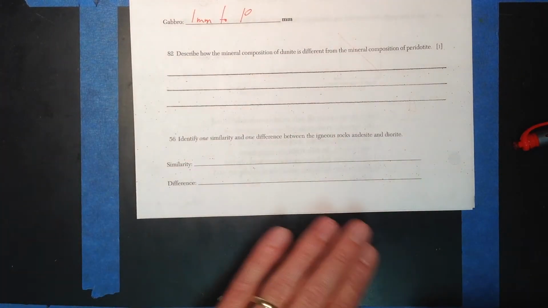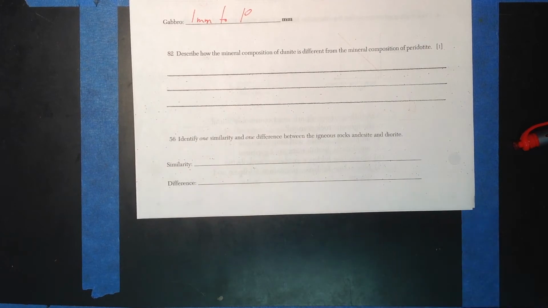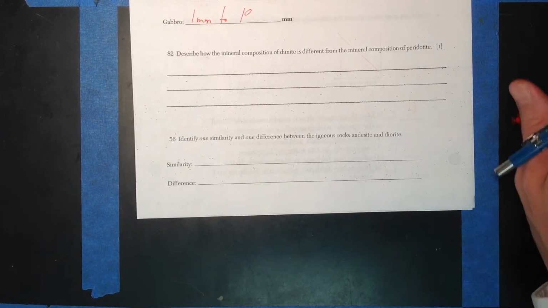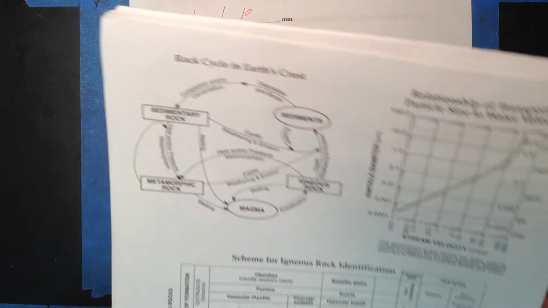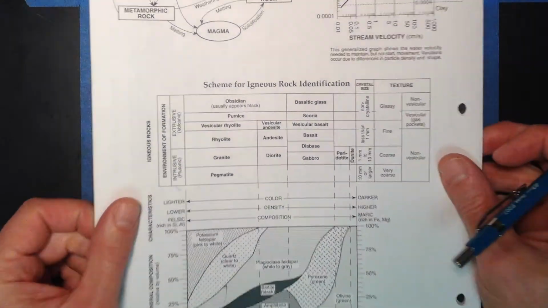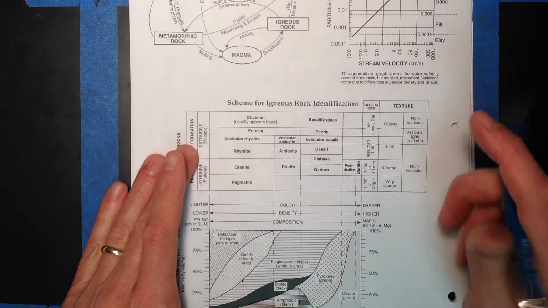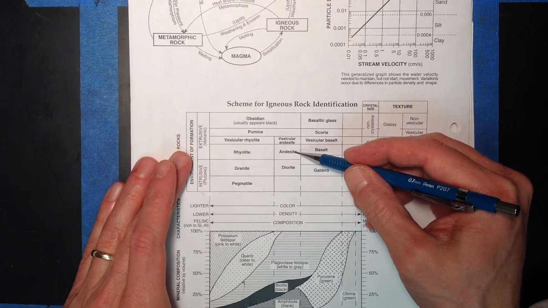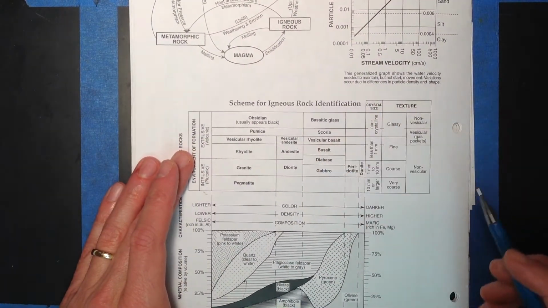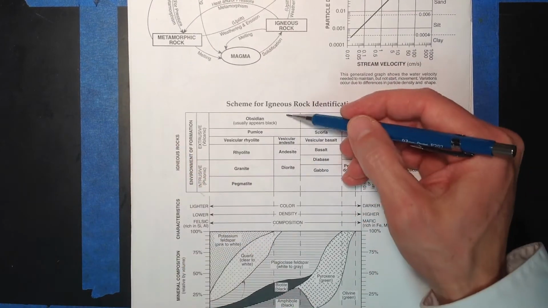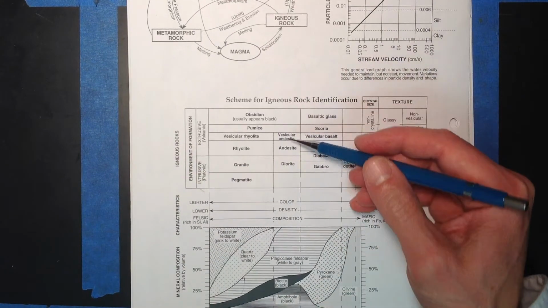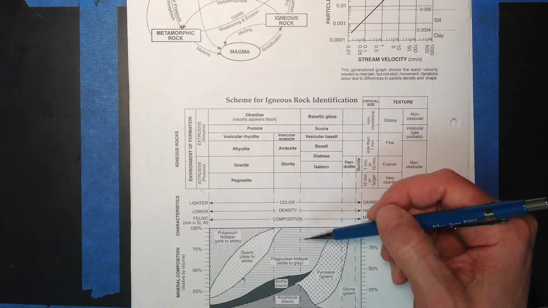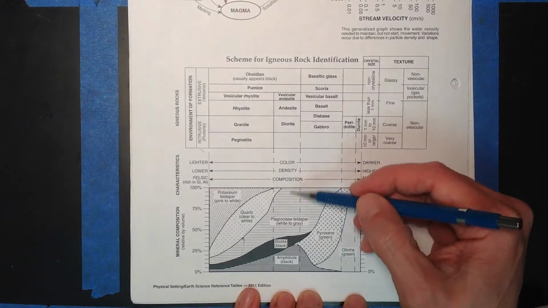And 56 is an unrelated question to this, and it goes like this. Identify one similarity and one difference between the igneous rocks andesite and diorite. Okay, you have to go here. You do not know this in your head. Andesite and diorite, similarity and difference. The similarity, because they're both in the same column, probably the best answer would be the mineral composition is similar.